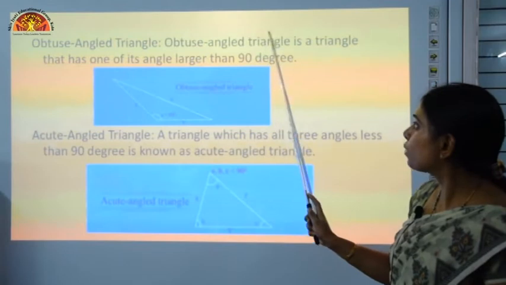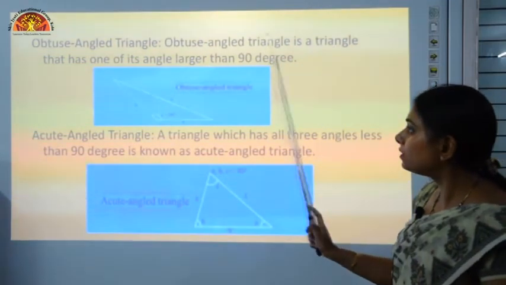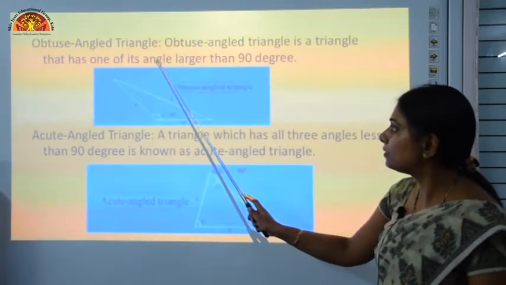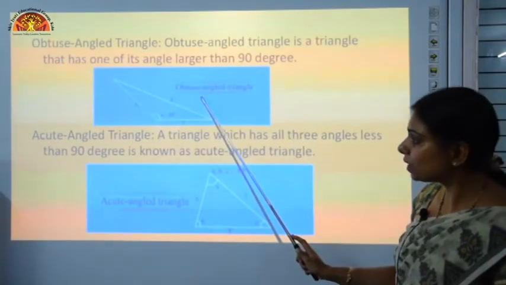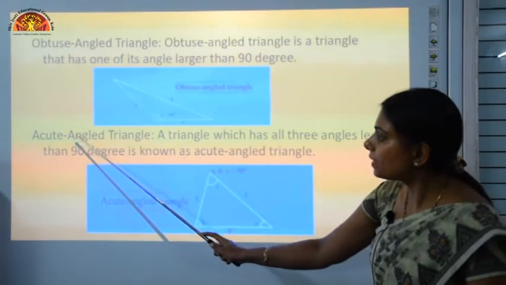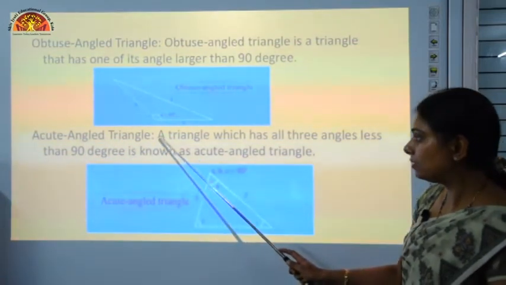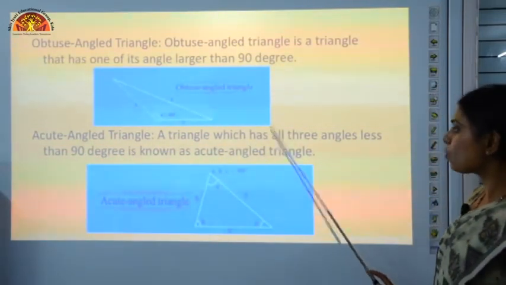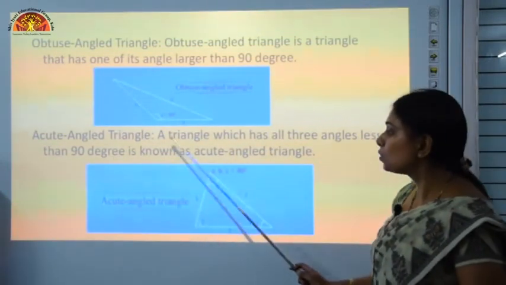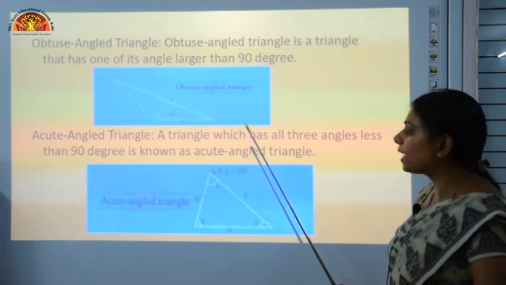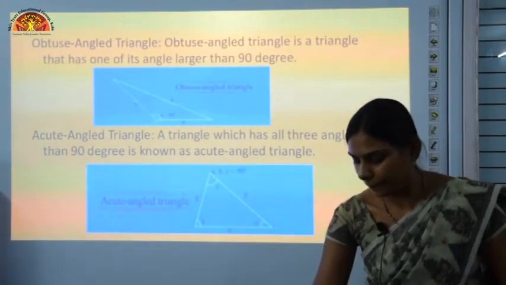Obtuse angled triangle is a triangle that has one of its angle larger than 90 degree. You can see the figure over here. Similarly, acute angled triangle, a triangle which has all the 3 angles less than 90 degree is known as acute angled triangle.